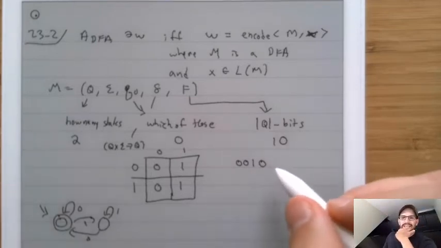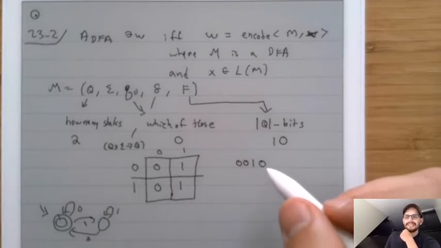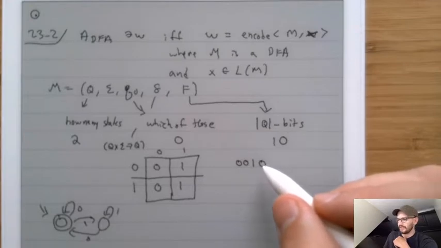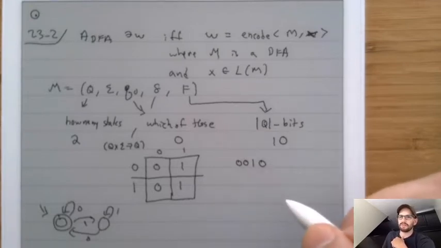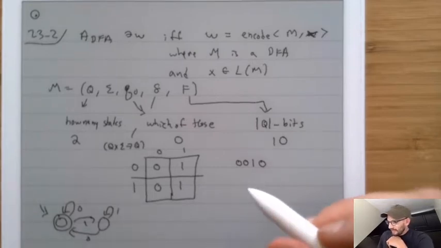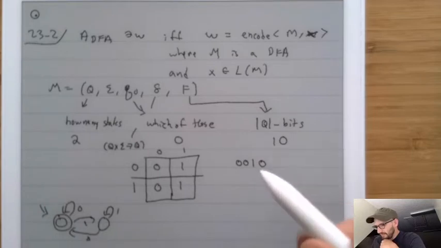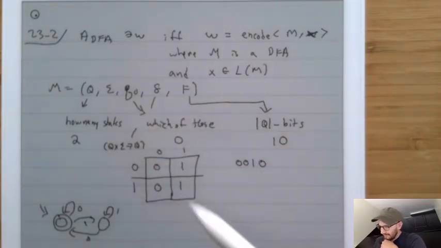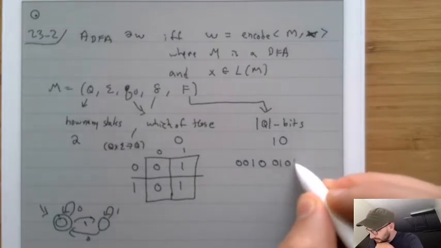And then we don't need any sort of padding for storing the next thing, because we know how many bits it will take to store a single index. Basically, this determines the bit length of all the other numbers that we're going to encode. So we got 0, 1, 0, 0, 1, and then we get 0 for Q0, and then we have to write delta. Well, delta is just this table right here, so we'll just write it out. We'll write 0, 1, 0, 1.